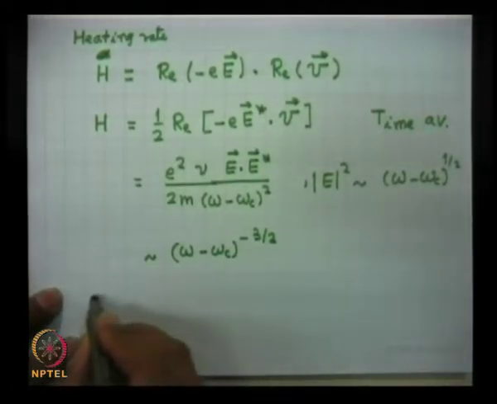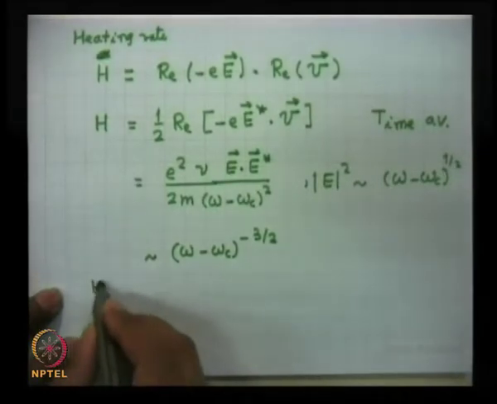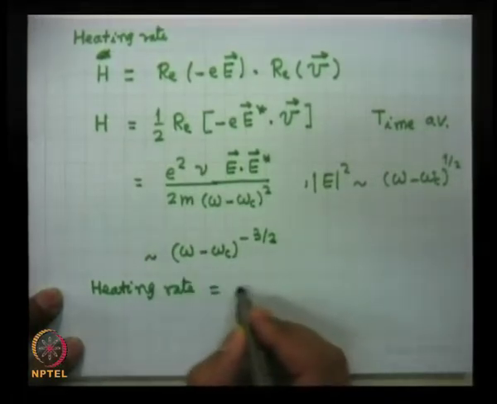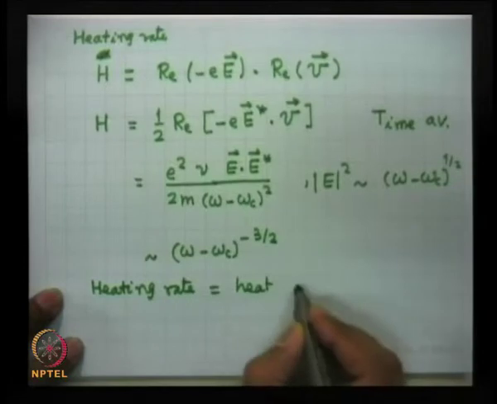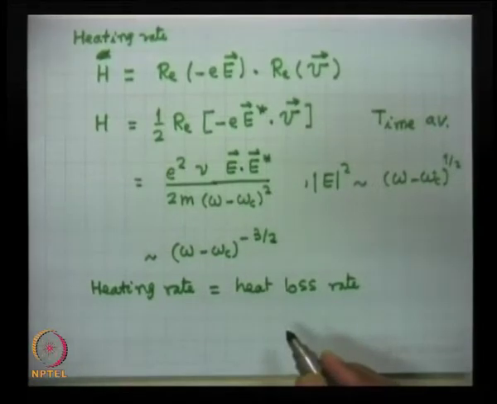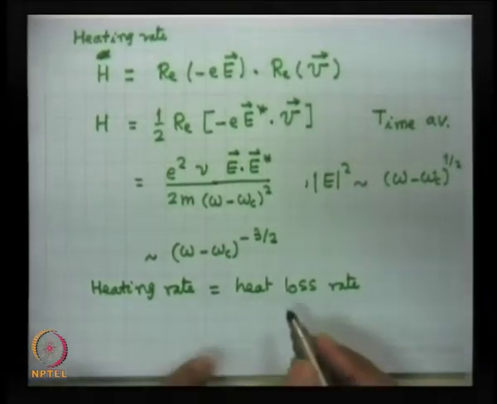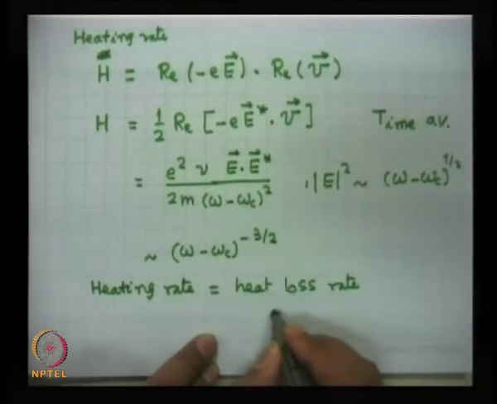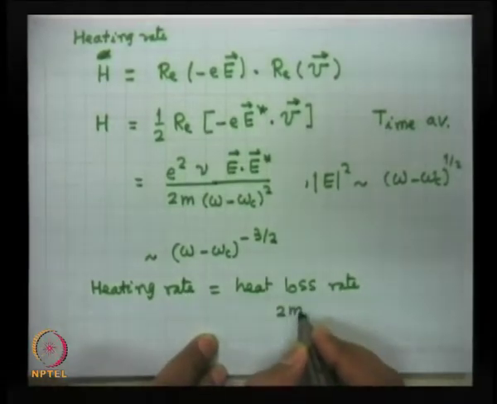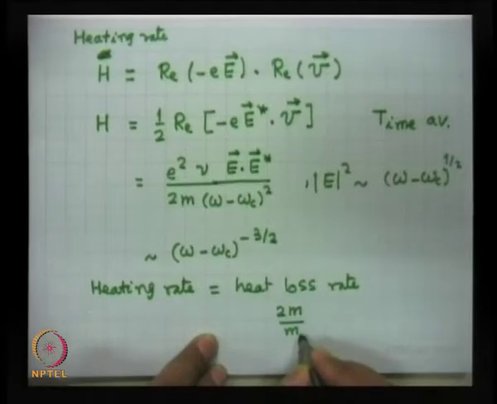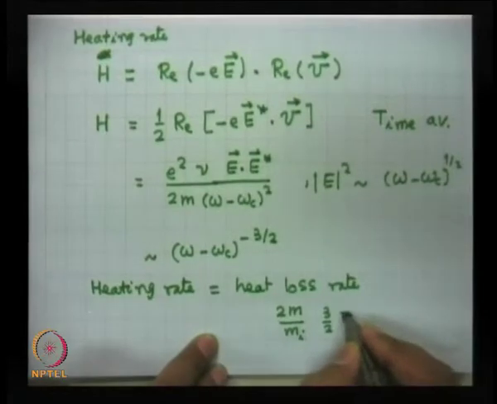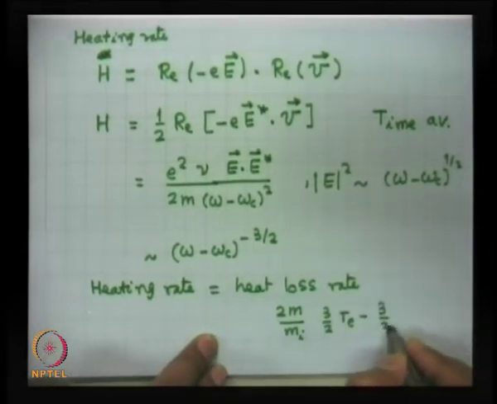It turns out to be the heating rate, if I equate it with the heat loss rate. Now, suppose my plasma is having only elastic collisions. In an elastic collision, the fraction of energy that the electron loses per collision is 2 times the electron mass upon ion mass, into the average kinetic energy of the electron minus the average kinetic energy of the ion.